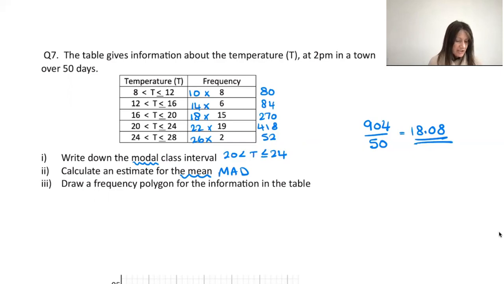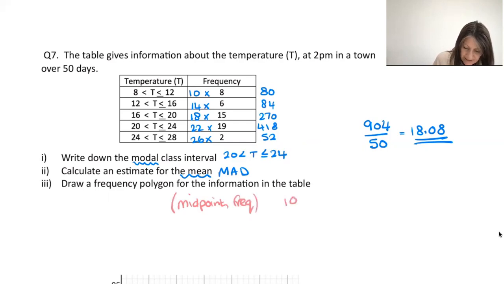And then we had to finish that off by drawing a frequency polygon. Now, the frequency polygon is going to be drawn using coordinates. The coordinates are the midpoint and the frequency.